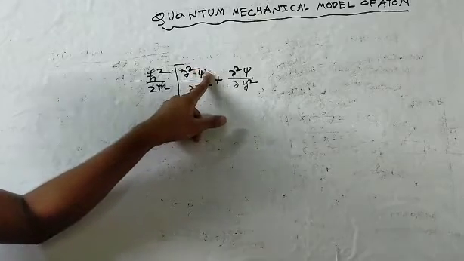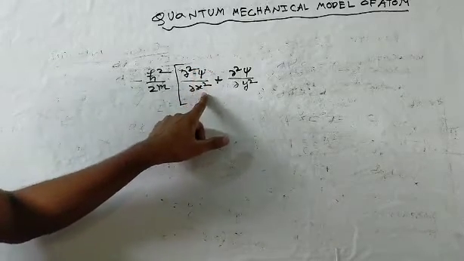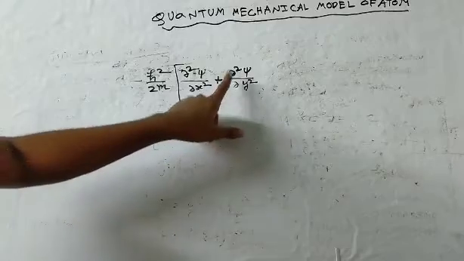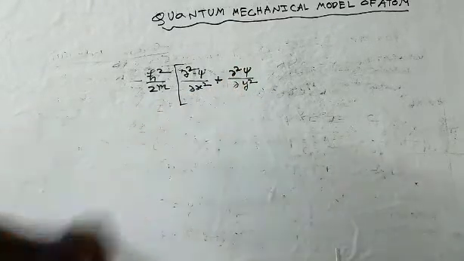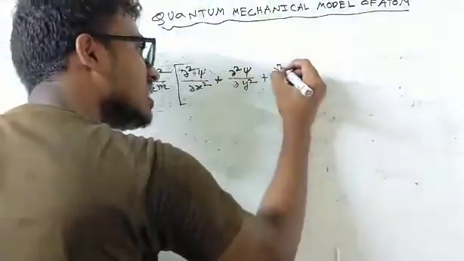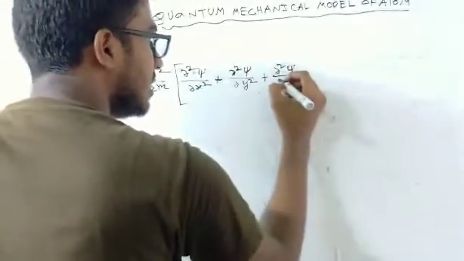That means I am doing the derivative on psi with respect to x, twice. Plus del square psi by del y square, so I am again doing the derivative on psi, now with respect to y.